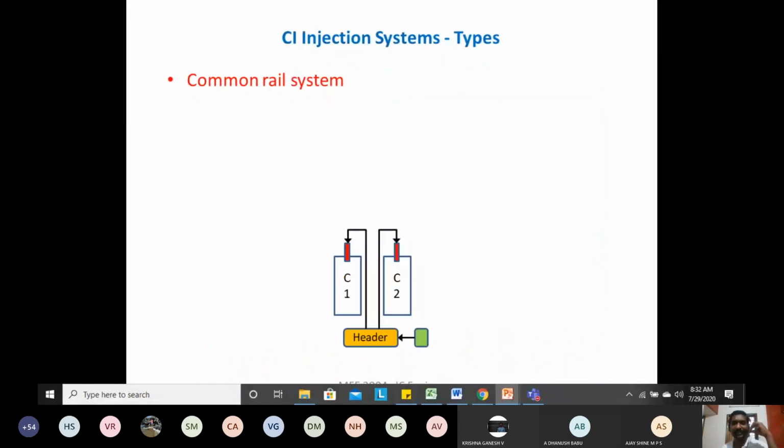And the last one is the common rail fuel injection system. In this case, we will have a low pressure pump, which is nothing but the fuel oil supply pump, which will supply fuel to the high pressure pump. The outlet of the high pressure fuel pump will supply fuel to a common header, or a common rail.